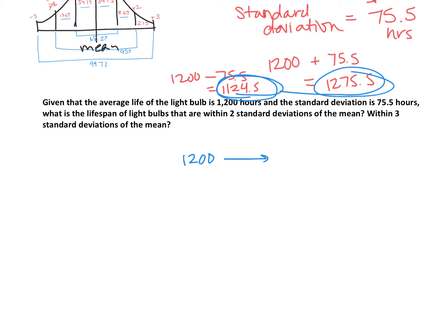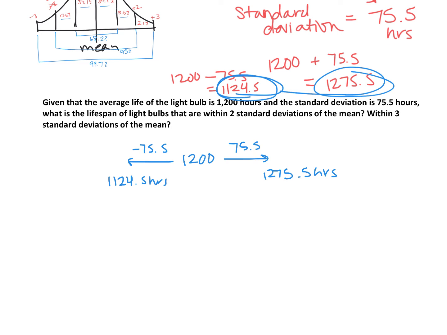So if I add 75.5 hours or subtract 75.5 hours, just take me in the other direction, that gets us to what we found in the last example, 1275.5 hours, and what was it, 1124.5 hours. So those were within 1 standard deviation of the mean.